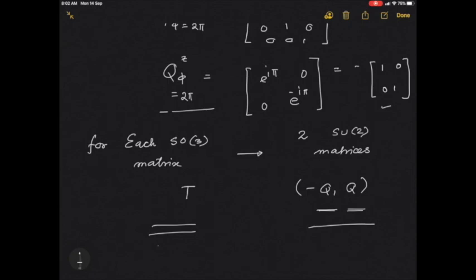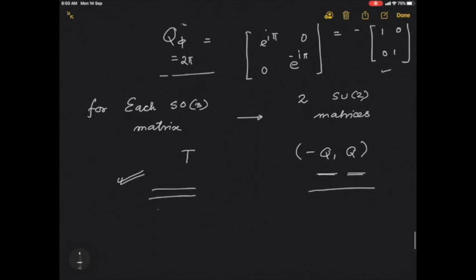Now, in classical mechanics, this doesn't make any sense, because in classical mechanics, SO3 gives you the exact number of possible ways you can arrange the system. This extra degree of freedom, if you wish, which can distinguish between these two different states, comes in handy in quantum mechanics, where you have an extra degree of freedom, which you call the spin degree of freedom.